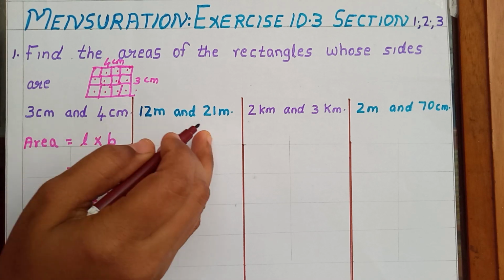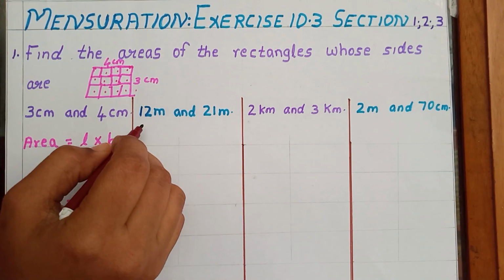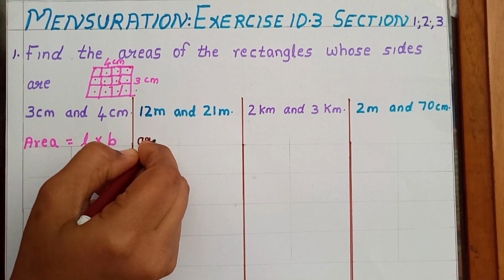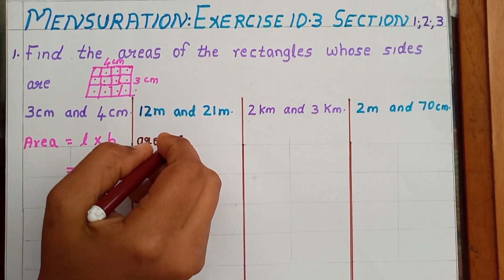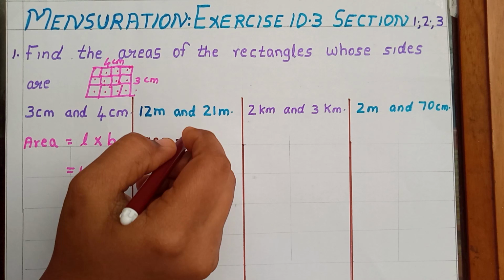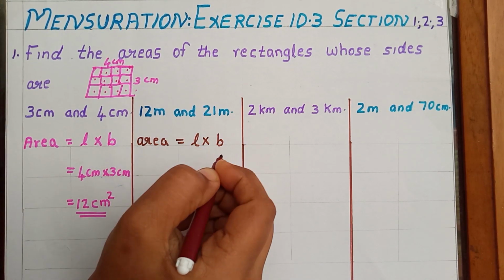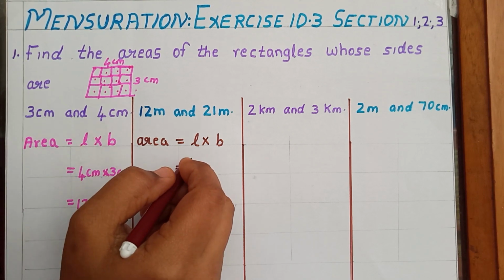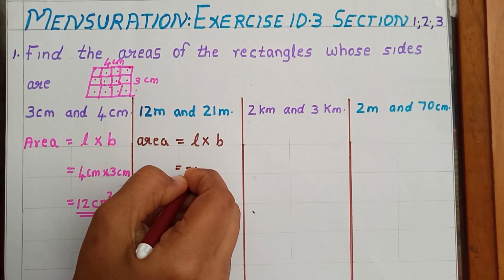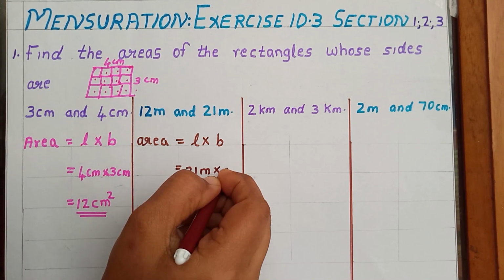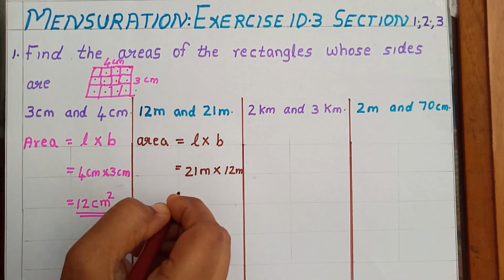For the next problem, length is 21 meter and breadth is 12 meter. To find the area, just write down the formula first. Length into breadth. Length is given as 21 meter and breadth is 12 meter.